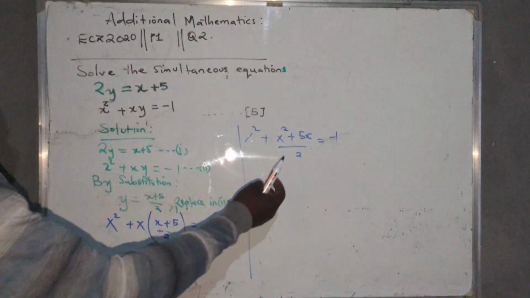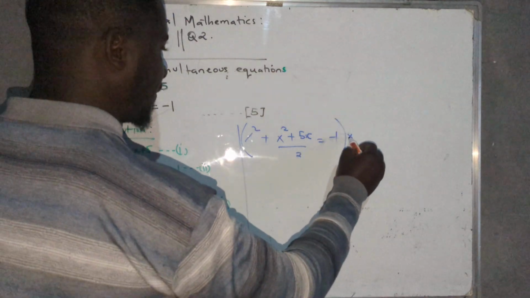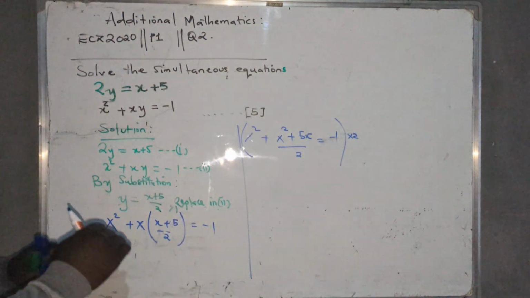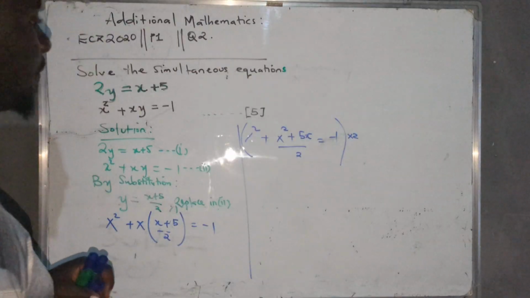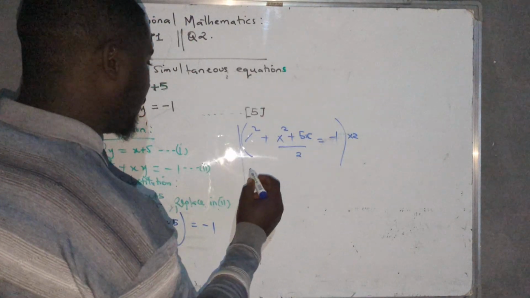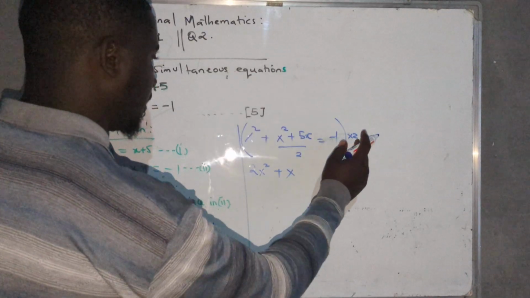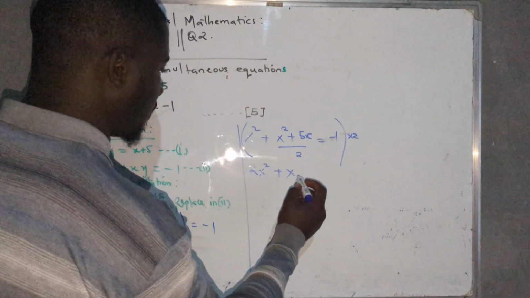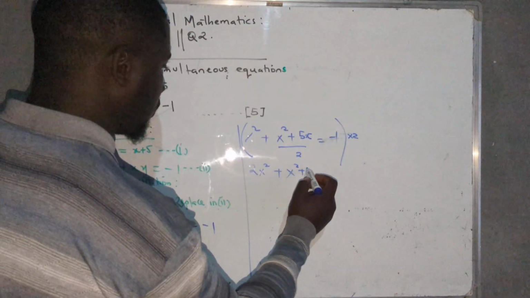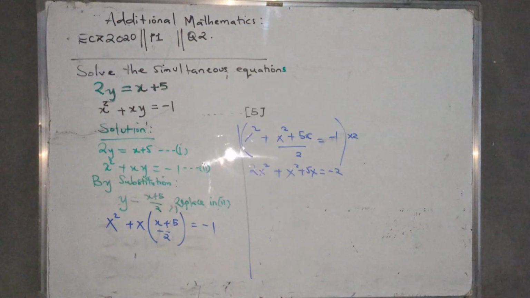Then at this stage, since you have a fraction here, you can just multiply throughout by 2, so that you maintain a proper equation with the fractions. So here, if you multiply, you discover that you're going to get this. Then this one here will just cancel out with a 2. So you remain with what's on top there, and then it multiplies with a 2.